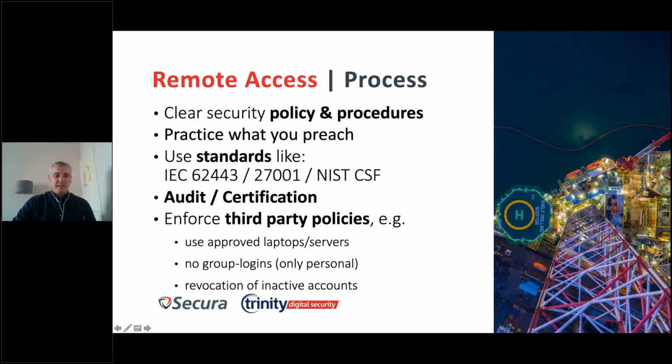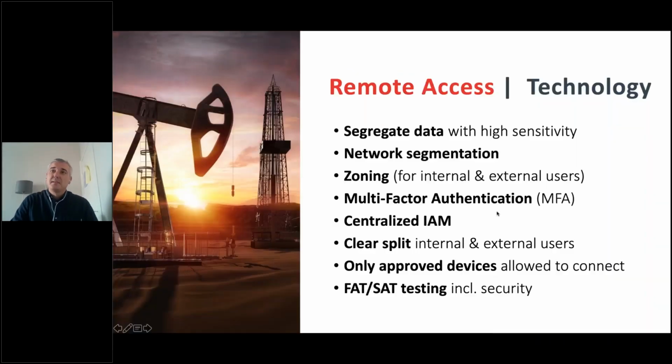Thank you very much, Deriken. And thank you all for being with us today. Yes, as Deriken mentioned, the remote access technology is important for the overall three pillars picture.